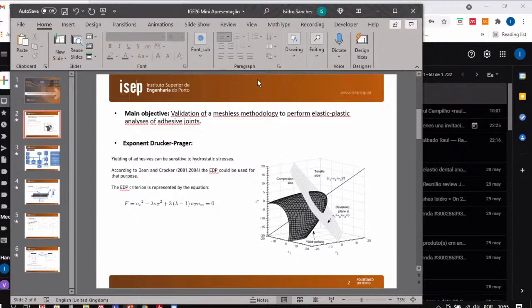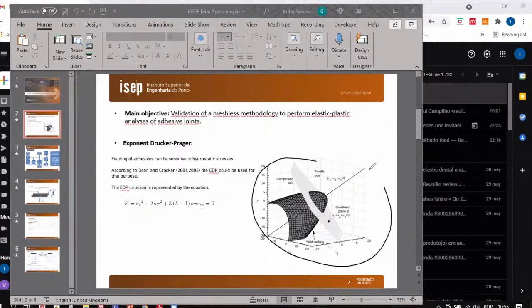So here we have the surface of the exponent Drucker-Prager. In this case, it is a paraboloid. If we compare that with the von Mises, it is just a cylinder in the space.